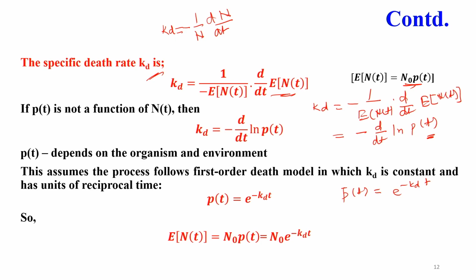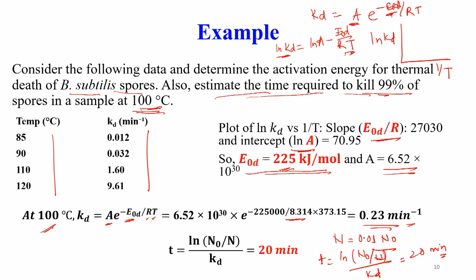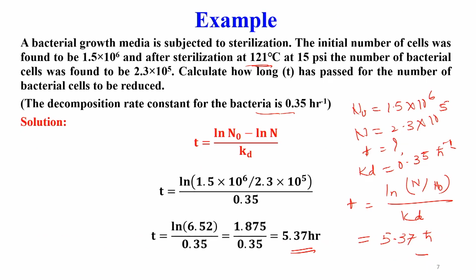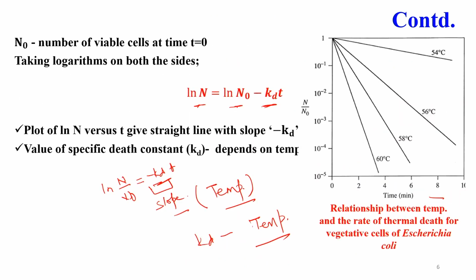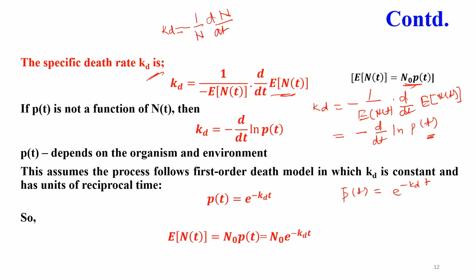Now, if you recall the earlier expression, n equals n naught e to the power minus kd into t. Now, the expected number of cells at time t will be n naught into pt.